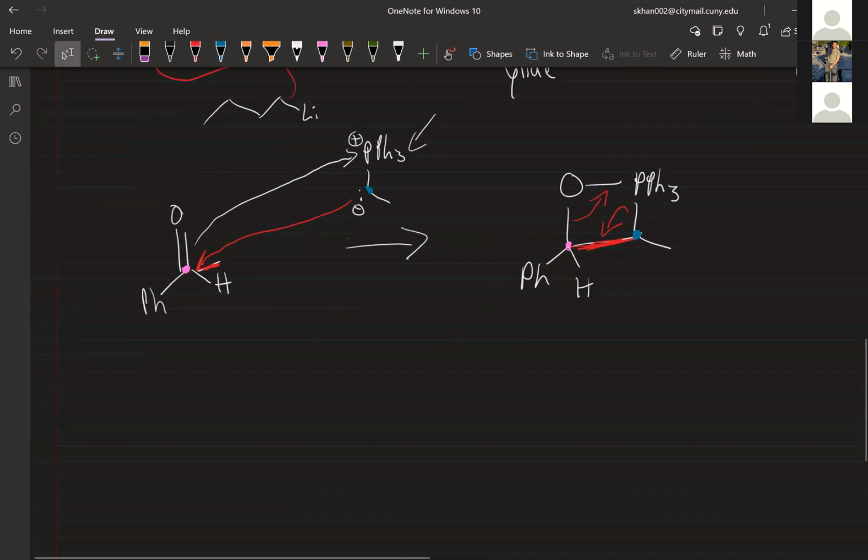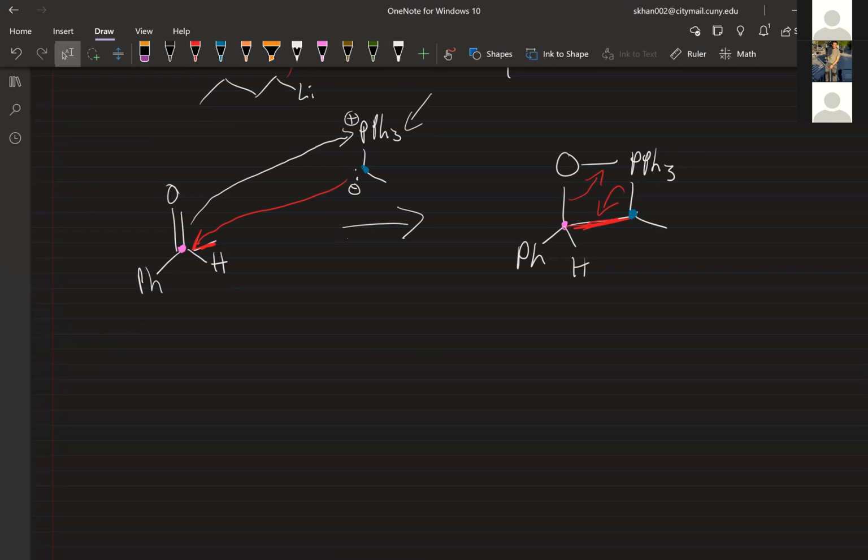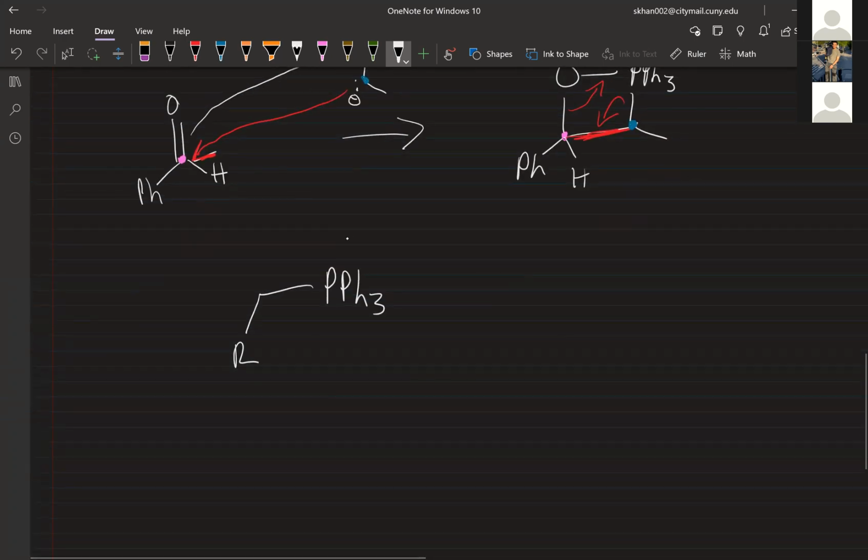What is meant by stabilization on a Wittig is that anytime you have this Wittig reagent and this carbanion, if R is something like H, or really any alkyl group, that's going to be unstabilized because you technically have a carbanion there.